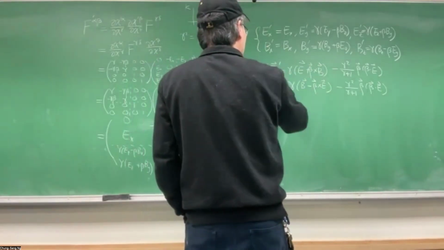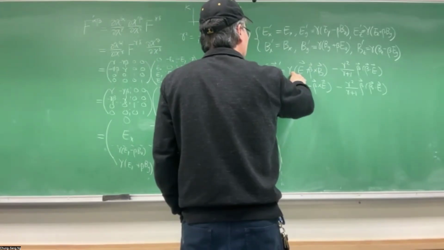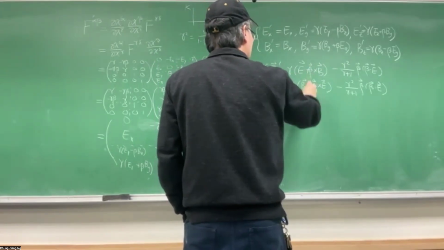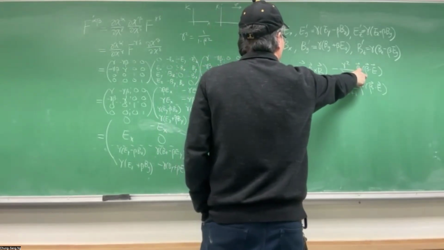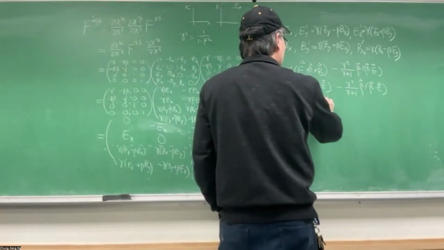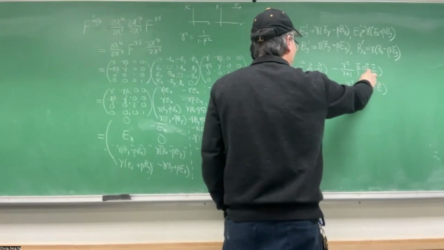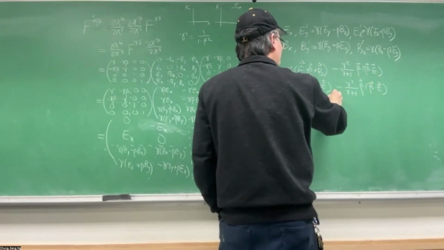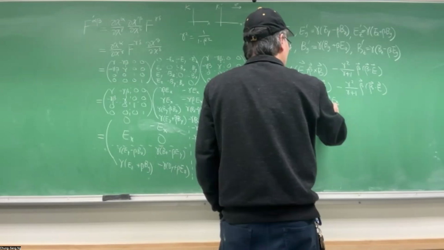Let's just write down here. So Ex prime, check whether it equals gamma. This will give you Ex. But this one, beta is in the x direction, so you have gamma squared beta, and beta dot E will also give you an Ex. You have an extra beta, so beta squared. Gamma. Yeah.